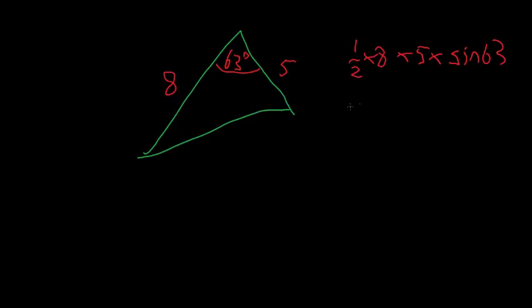Let's have 63 degrees, shall we? 5 and 8. So now you can calculate the area of this. It's just going to be a half 8 5 sine of 63. That'll work out to be, I don't know, 17.8, something like that. Check that, guys.